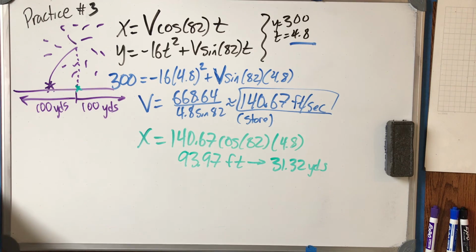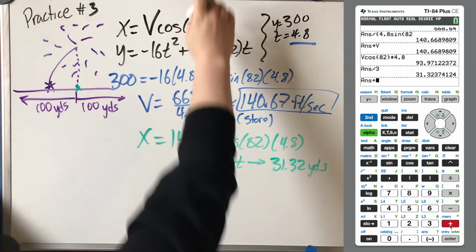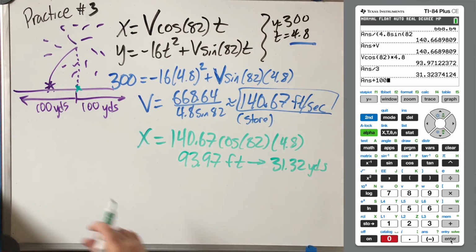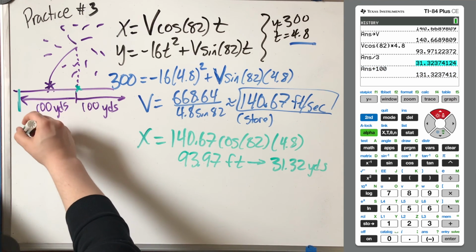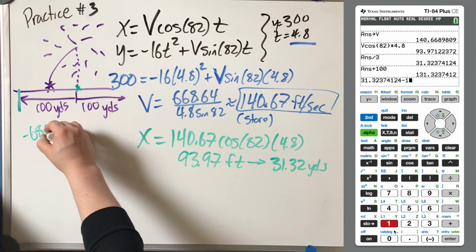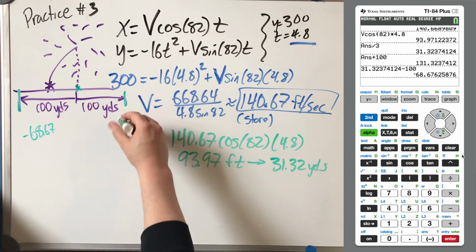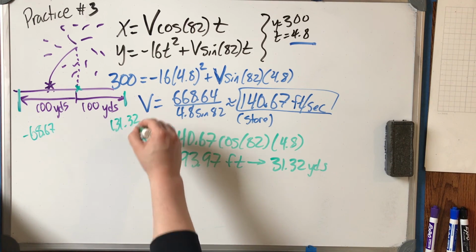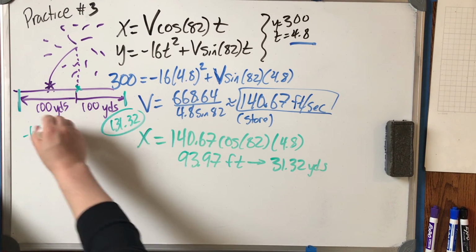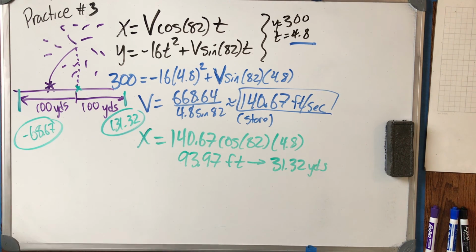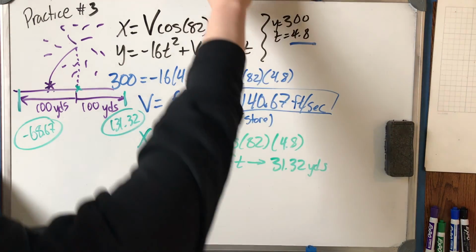I'm just going to subtract 100 from that, and that will give me this value right here, which is negative 68.67 yards. And it will give me this value right here, which is 131.32 yards. So from wherever 0, 0 is, which is where this thing is being launched from, we need safety barriers in the horizontal direction, negative 68 yards behind it, and 131 yards, not feet, in front of it. And there you go.